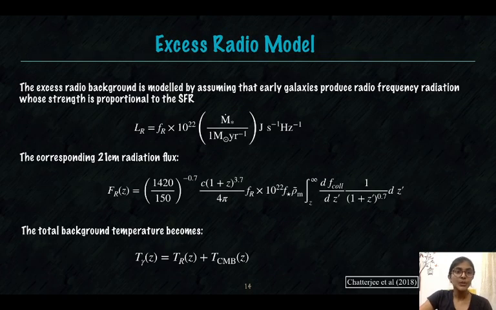Then we have introduced an excess radio model according to Gurkan et al. and Chatterjee et al. 2018, where we have assumed that the early galaxies produce radio frequency radiation whose strength is proportional to the star formation rate. And the total background temperature becomes, in addition to the CMB temperature, this excess radio background.